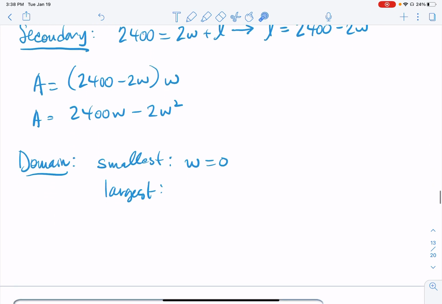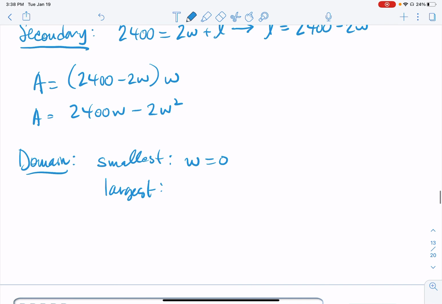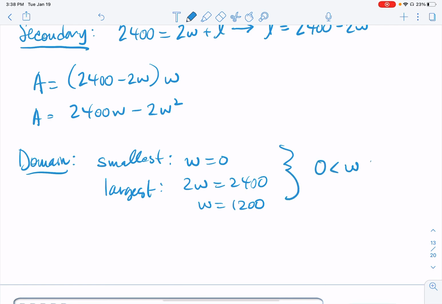So we've got 2W equal to 2,400. So W is equal to 1,200. Not actually equal to, it's got to be smaller than that. So we're going to set our domain as 0 is less than W, which is less than 1,200. Once again, we have ourselves an open interval.